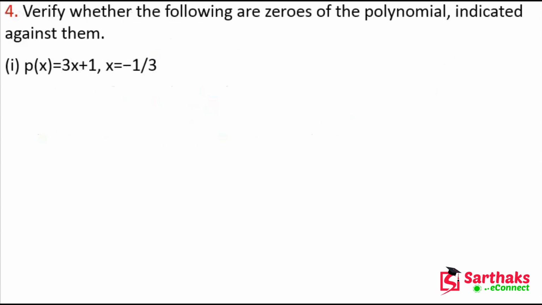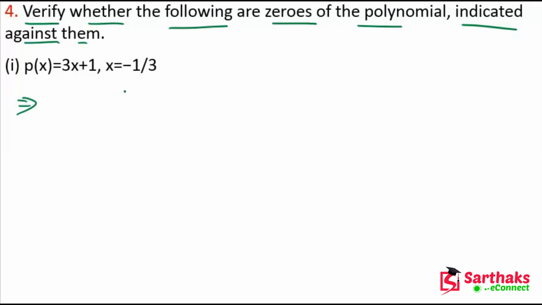So now my dear friends, the next question is, verify whether the following are zeros of the polynomial. Okay, we have to check whether the given values are zeros of the polynomials or not, as indicated against them. So let's suppose we have polynomial p of x which is equals to 3x plus 1, and we have to check for x is equals to minus 1 upon 3.